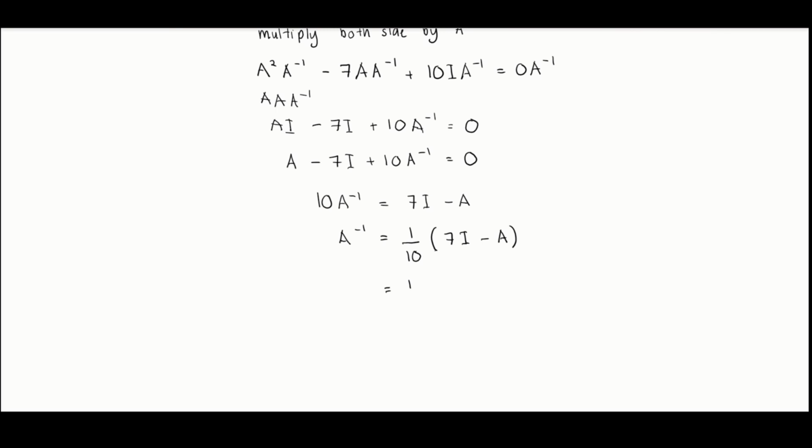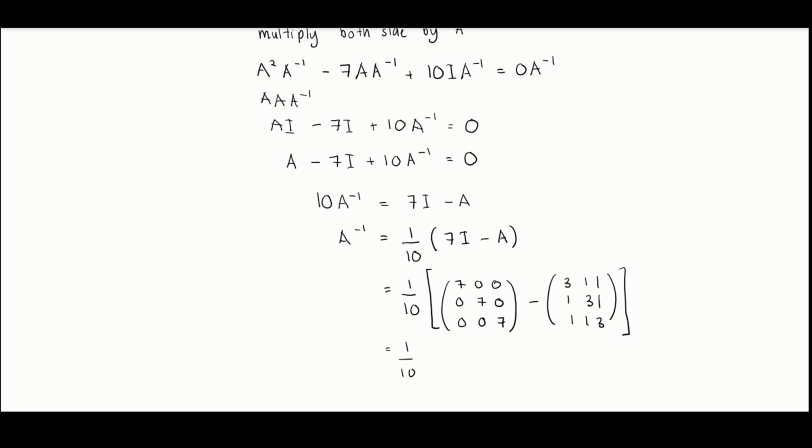Alright, so we can find this. So 1 over 10 and 7I is 700, 070, 007. This is 7I minus A. A is 311, 131, 113. Alright, so we can do this subtraction. So outside we have 1 over 10. So if we minus this, we have 7 minus 3 is 4, and 0 minus 1 is -1.